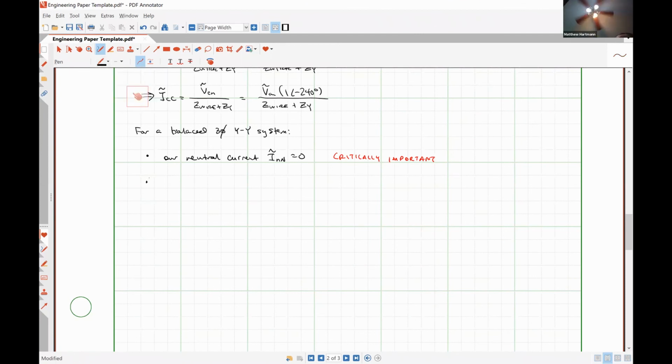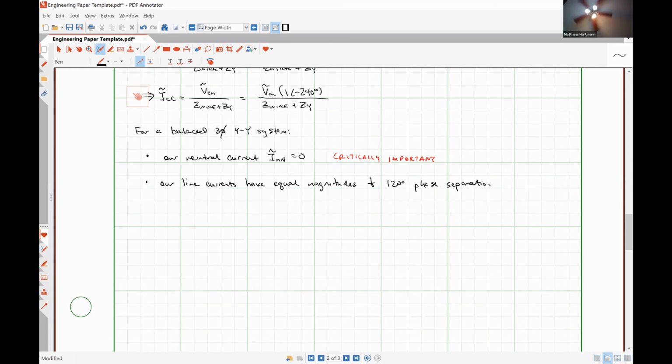Our line currents have equal magnitudes and 120 degrees phase separation. So our line currents are balanced.